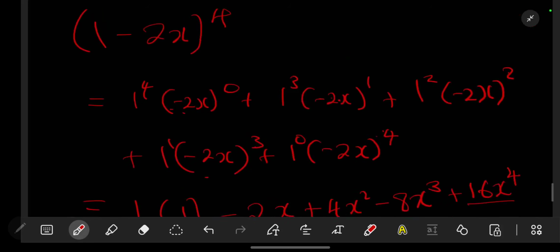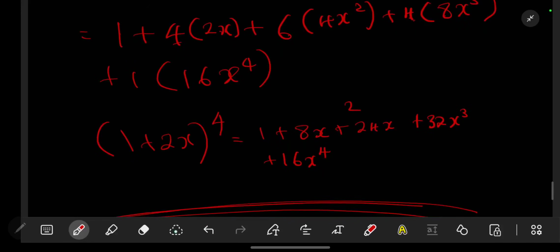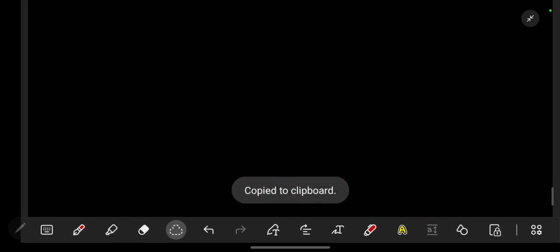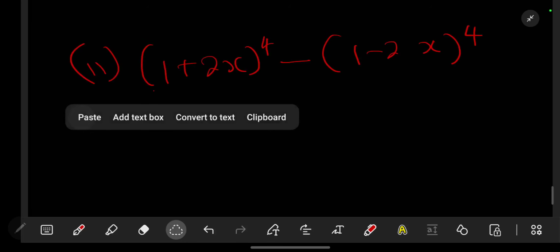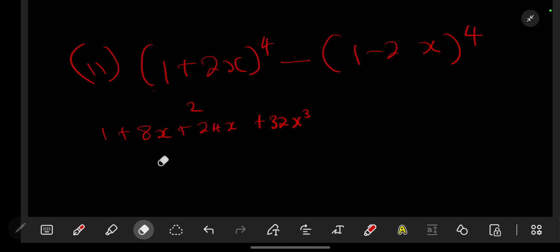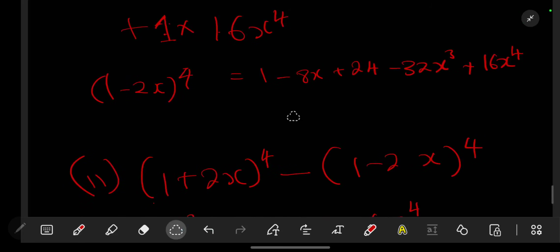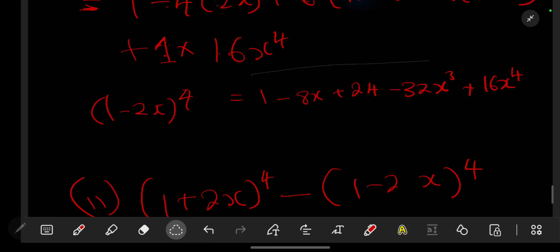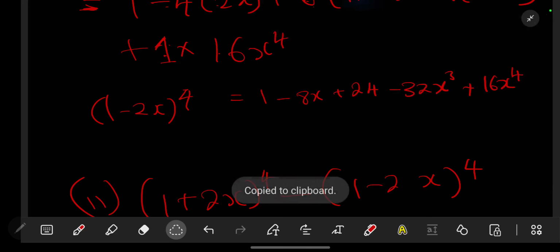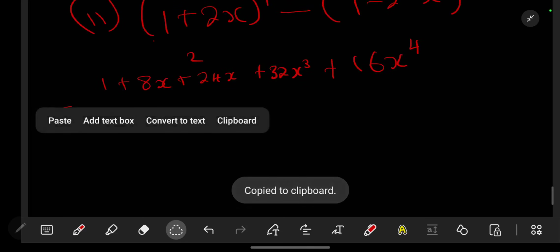The expansion of this is this, so we get this expansion, plus 16x to the power 4, subtracting it with the expansion for this. So we also get this expansion and just subtract. That is basically what they want for us, to get those 3 marks.